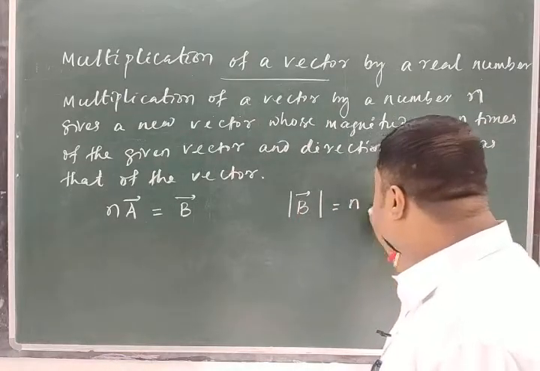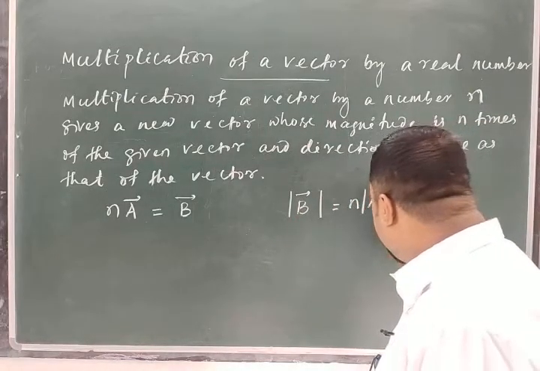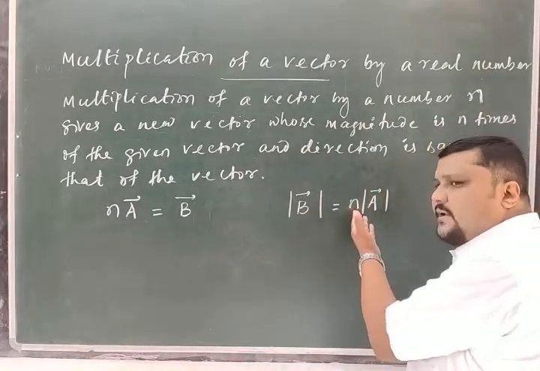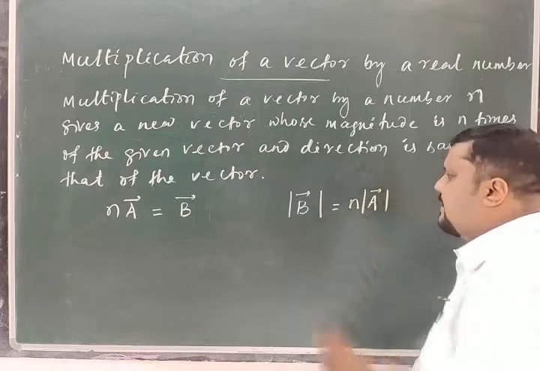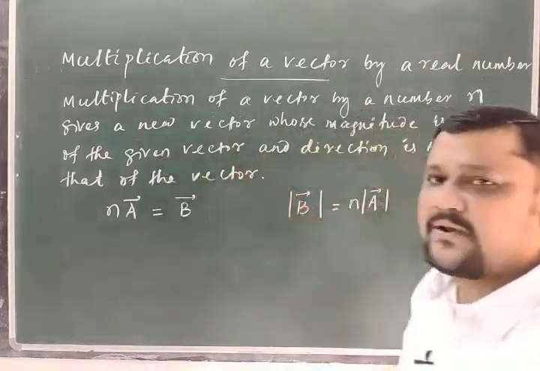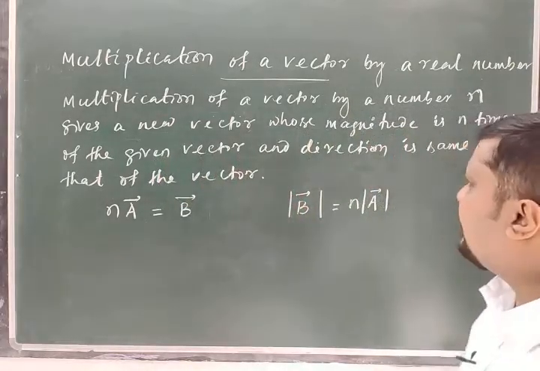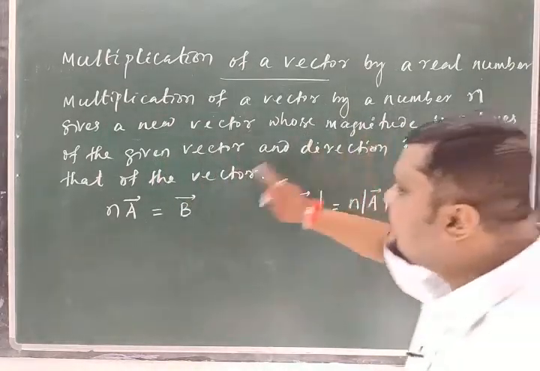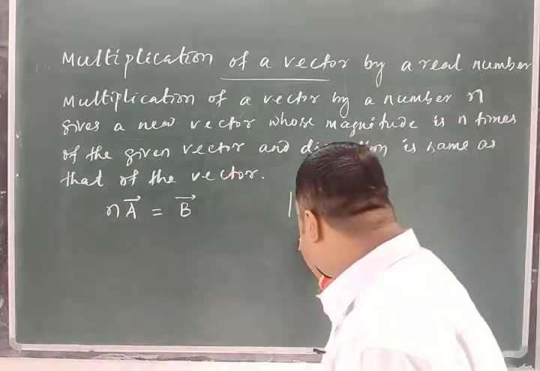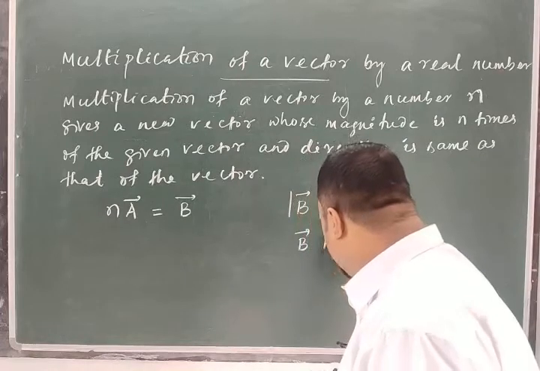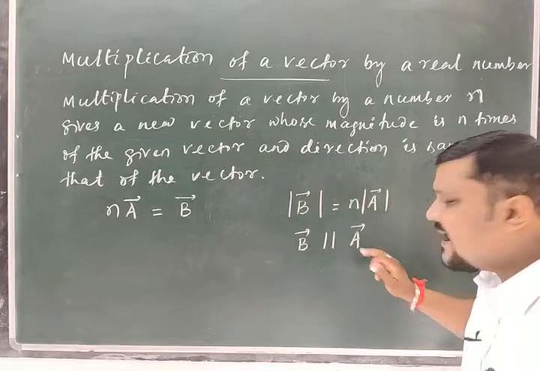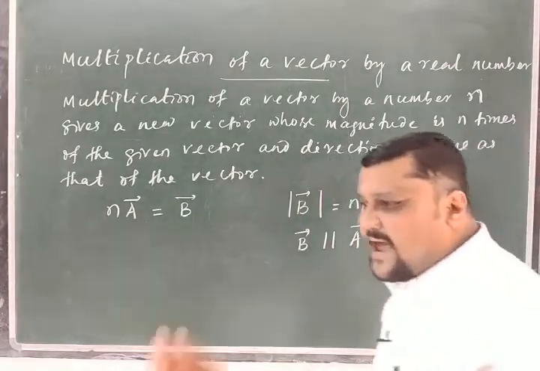That is n times the magnitude of A. Because n is a real number, it has no direction, so we only write n and the modulus. The direction is the same as that of vector A, which means vector B, the new vector, is parallel to vector A along the same direction. I can write this with the parallel symbol.